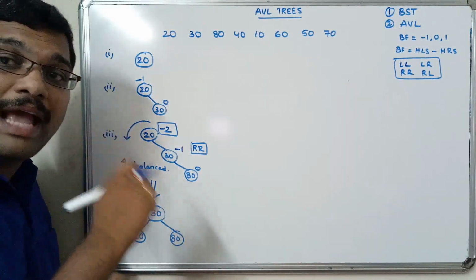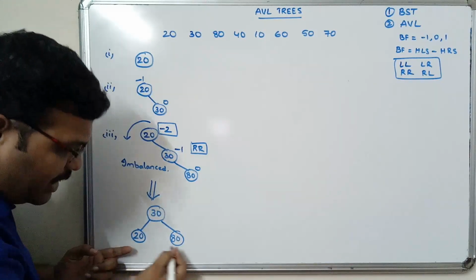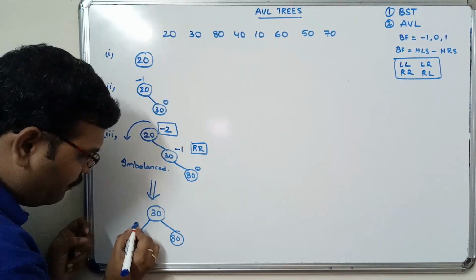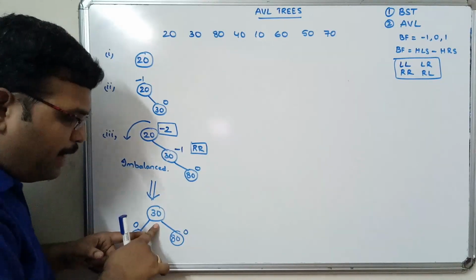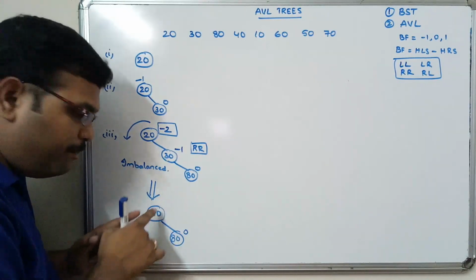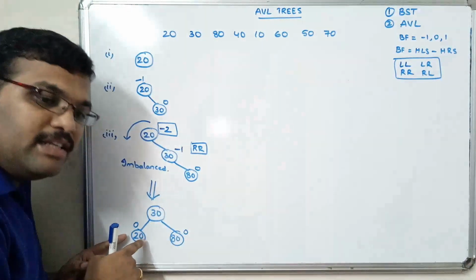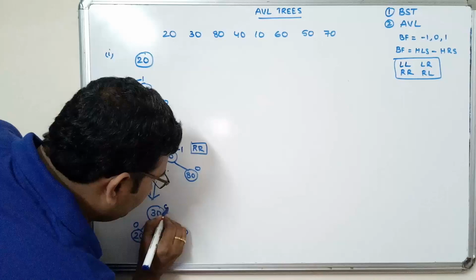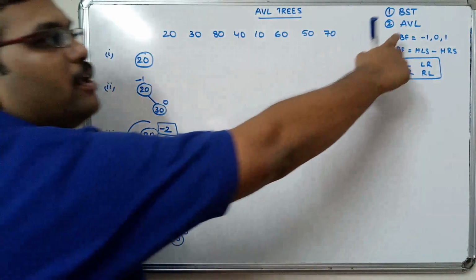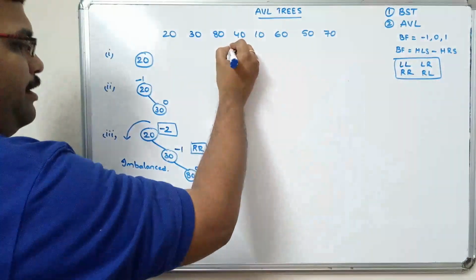Now we have to calculate the balancing factor. These are the leaf nodes, so the balancing factor will be 0. For this node, the balancing factor is left side height minus right side height. Left side height is 1, right side height is 1. So 1 minus 1 is again 0. So it obeys the property of the AVL tree. Right.